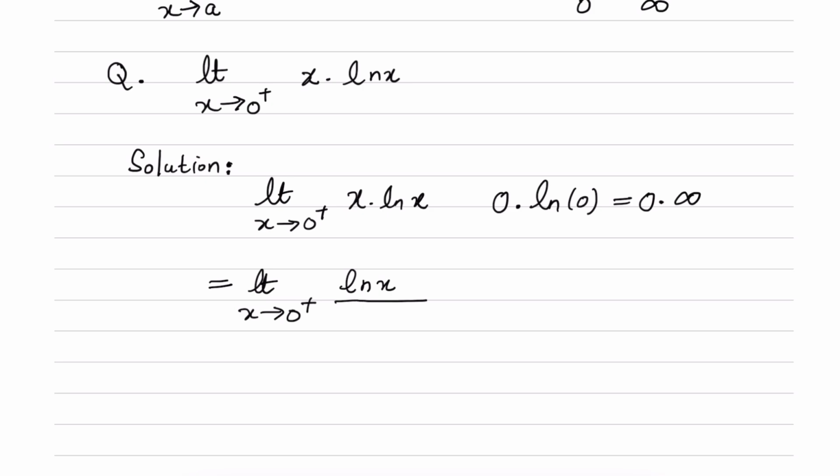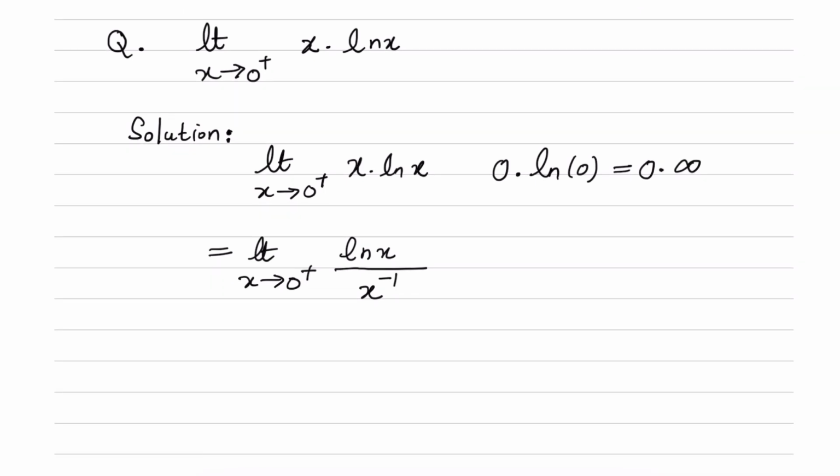I can write it as x to power minus 1. When x was up, its power was 1, but now I have brought it down. I have not changed anything, because if I bring this x to power minus 1 back up, it will still be the same expression.